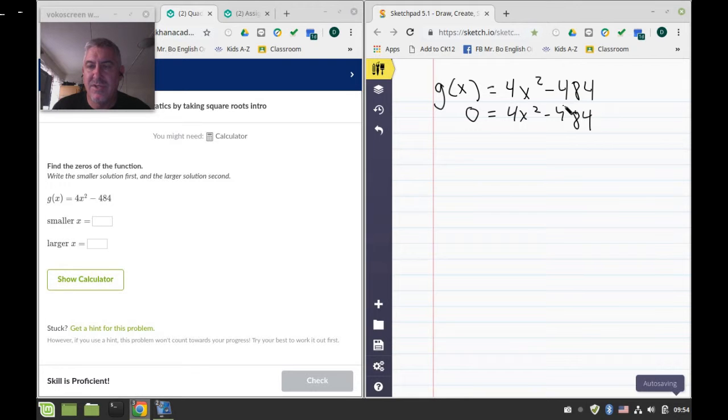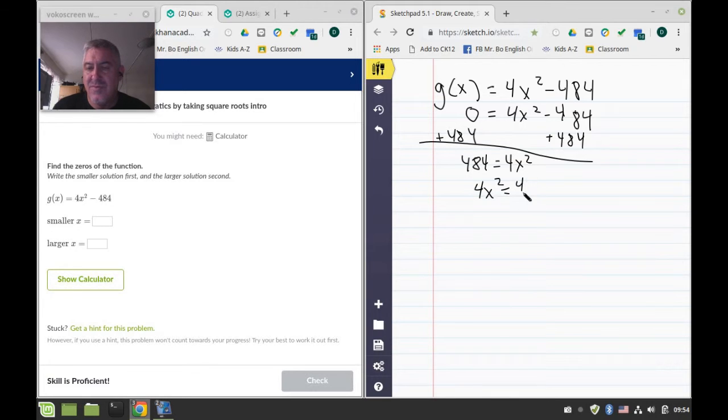What's our first step here? I'm going to add 484 to both sides, and now I've got 484 equals 4x squared. I'll rewrite that as 4x squared equals 484, and that's my step 1.